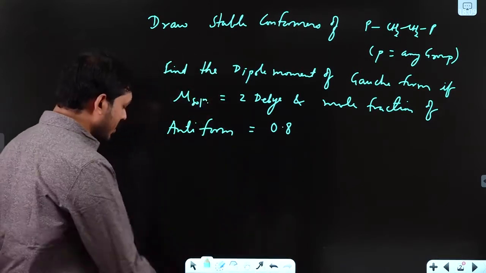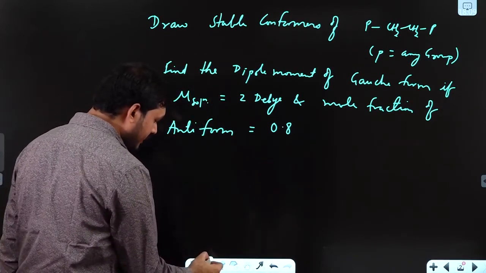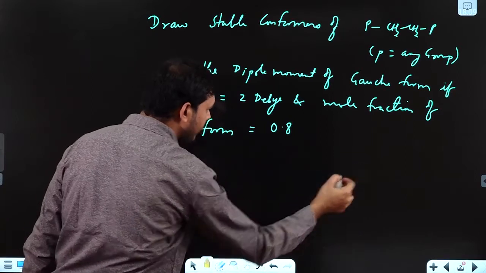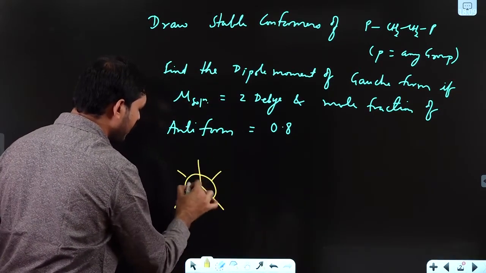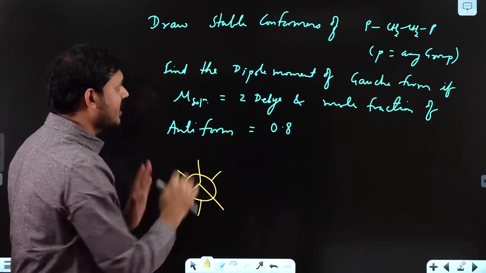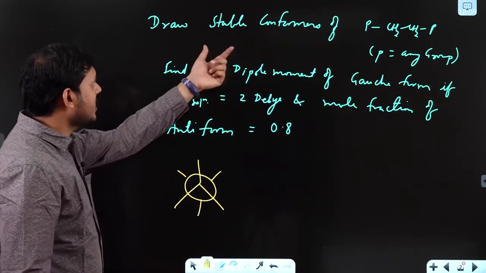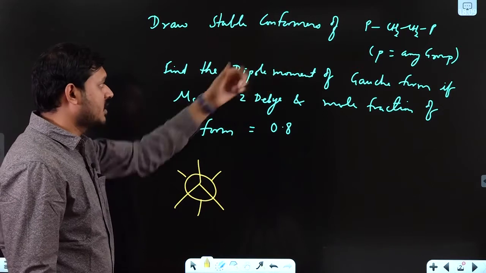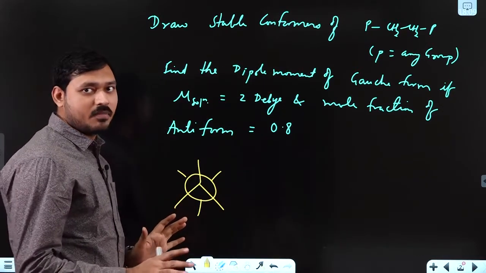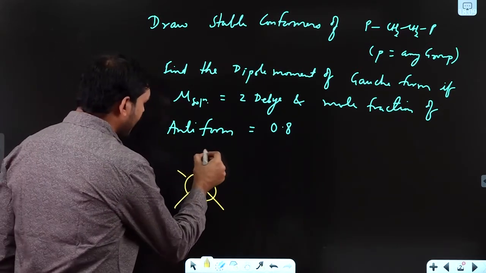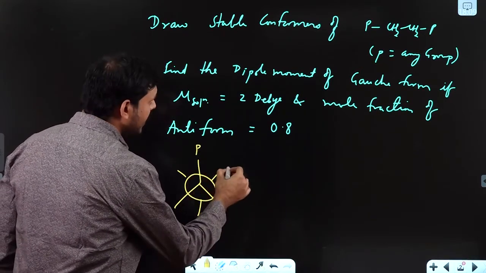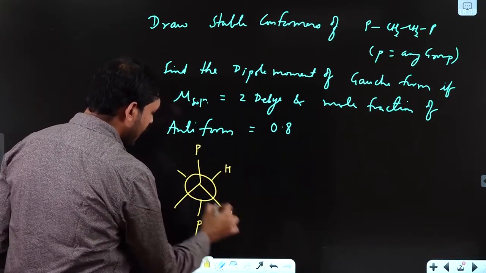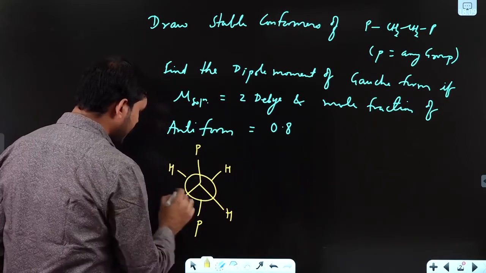Okay, so now let's understand this question. First of all, we need to draw the conformer. Now, as the question has already mentioned that you have to consider only stable conformers, it means we have to ignore eclipsed form, right? So in such a case, suppose this P, any group, anti to each other, H, H, H, H.